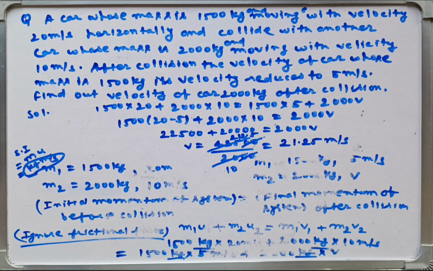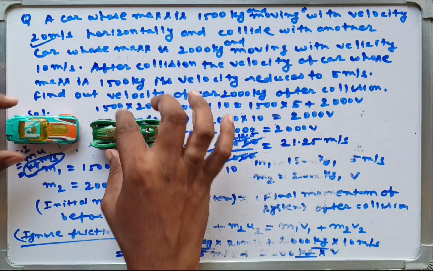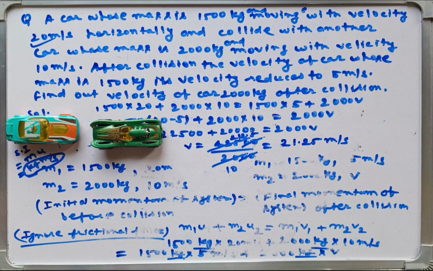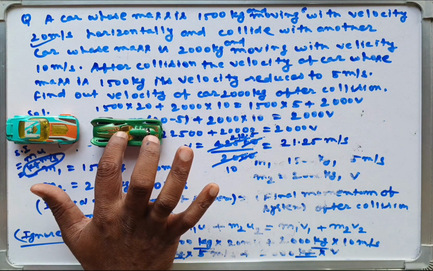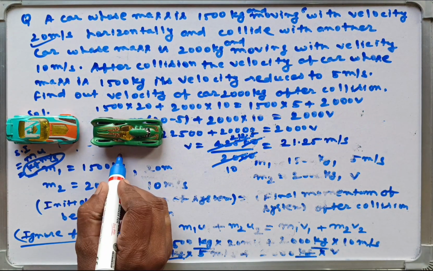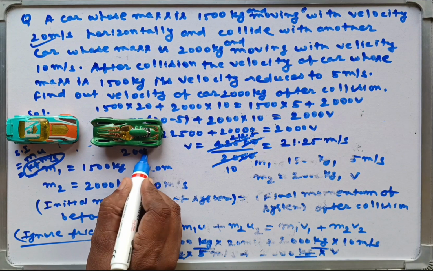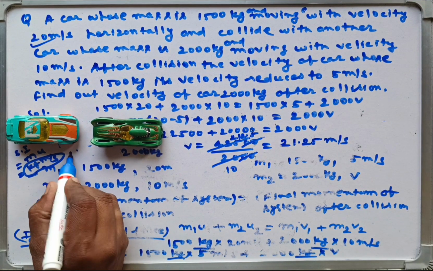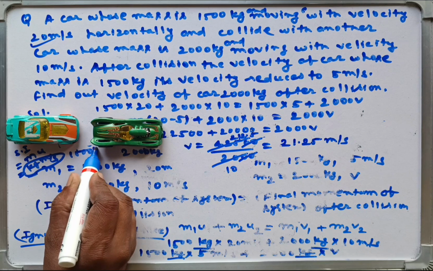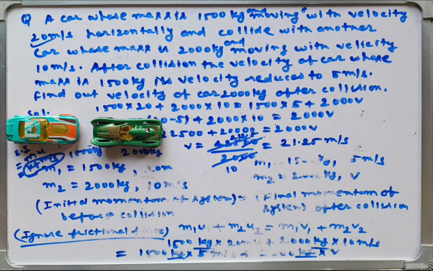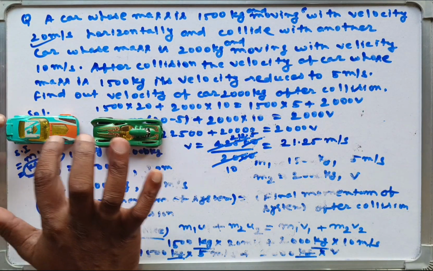Now see this question by taking two cars. Suppose this car's mass is 2000 kg and this other car's mass is 1500 kg. Now they are moving.